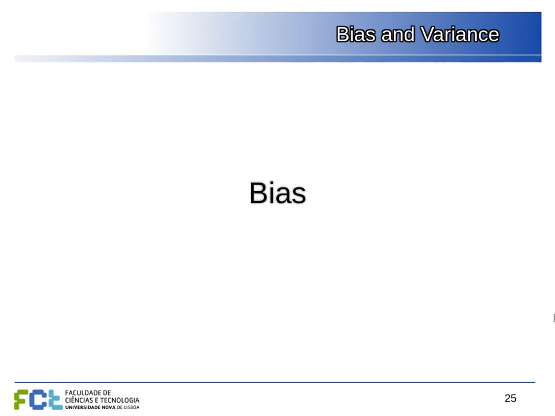So now let's go to some theoretical concepts that will be important for the second hour. And the first one is bias. We already used this term in inductive bias, which is what we need to presume or we impose when we select a class of hypotheses.